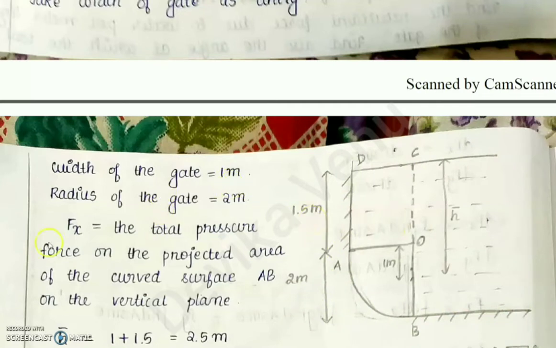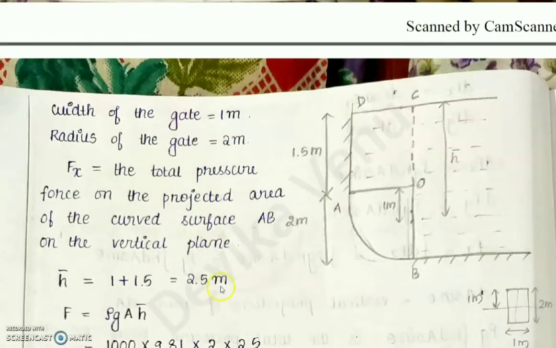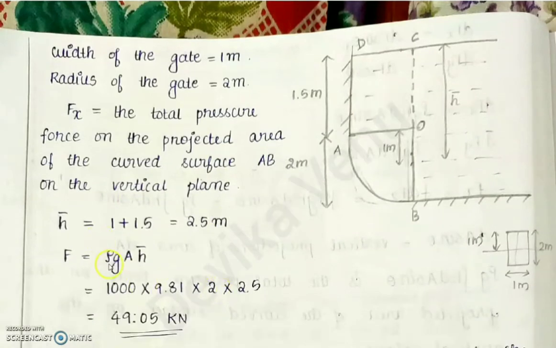The first thing you are finding out is Fx. So how to find out Fx? You are finding out the total pressure force on the projected area, that is the vertical projected area of this curved surface AB. Applying the equation F is equal to rho g A h bar. Rho g, you know, is 1000 into 9.81.